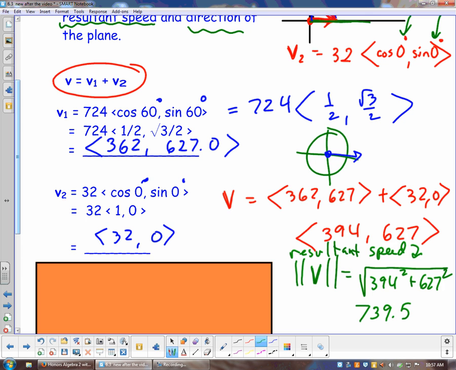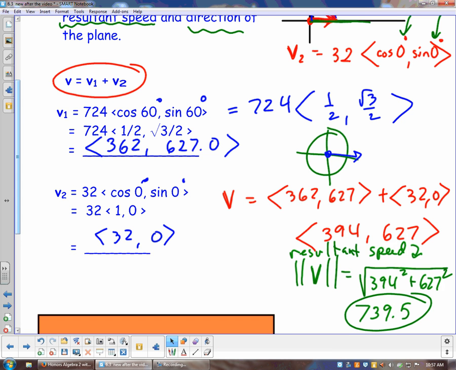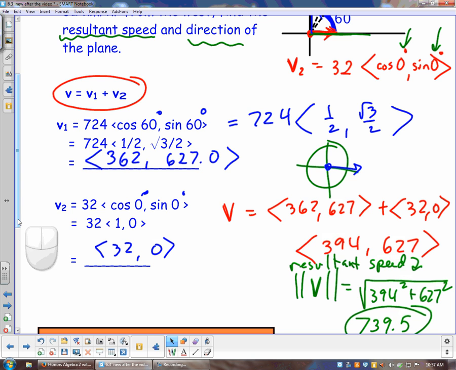So we've got to figure out what the direction of the plane is. But are we all okay with this? Yeah. All right, so the resultant speed is 739.5, and that's kilometers per hour. Thank you for keeping units in our lives.